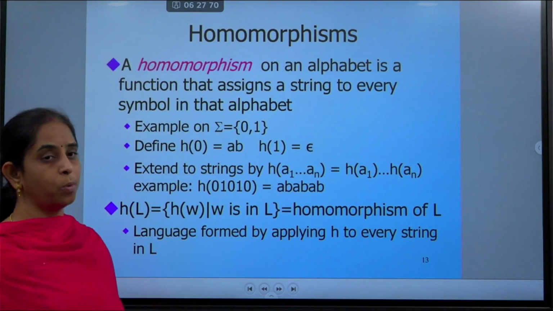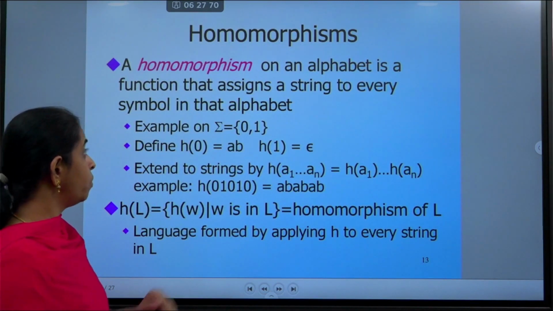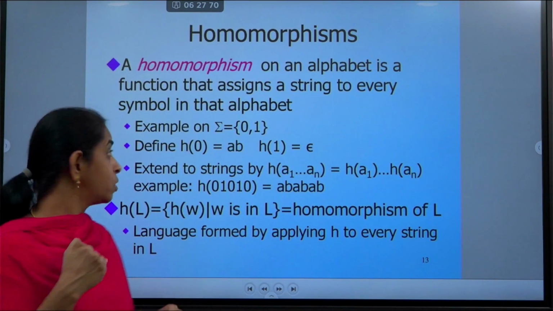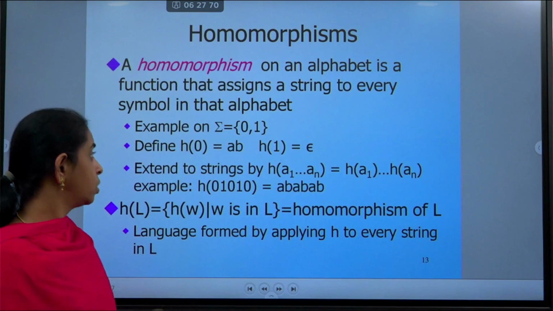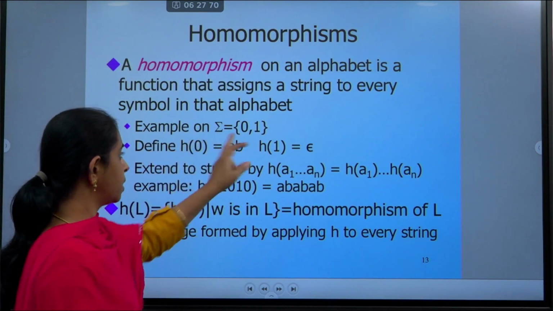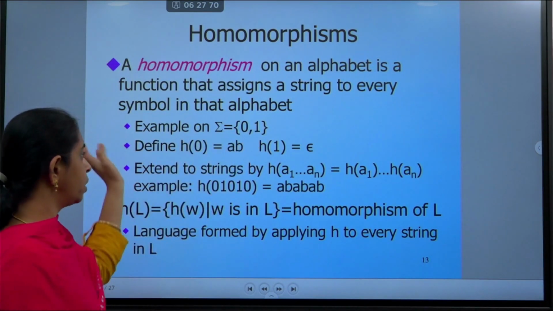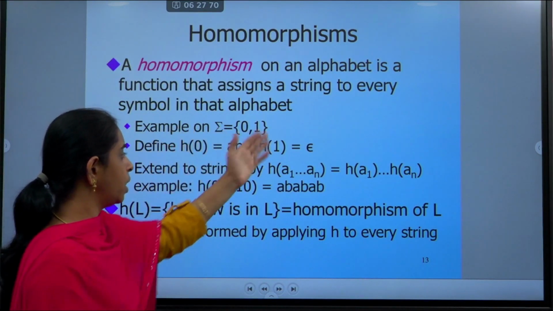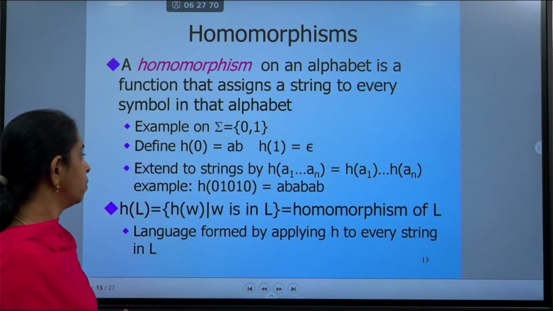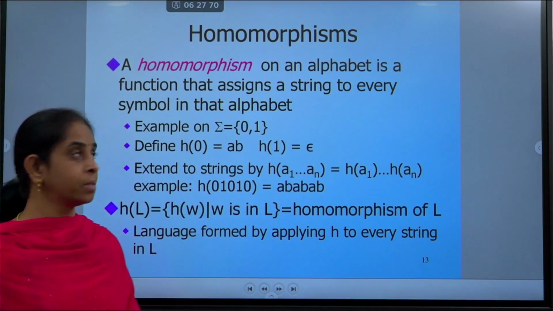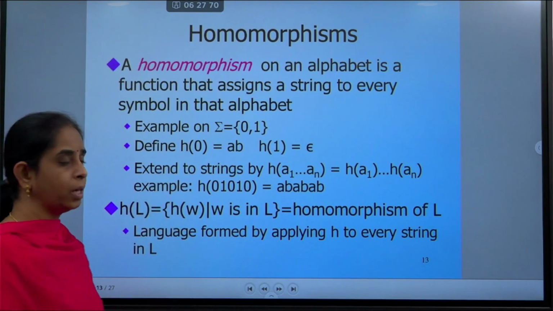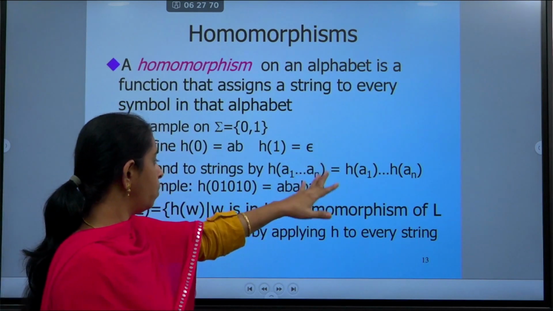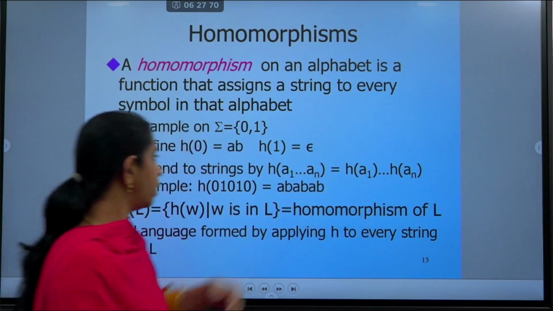Next we have the homomorphism. Whenever we take the alphabet, it is a function where we assign some string to every symbol. Example, we have 0, 1, and we can define h of 0, the homomorphism of 0, as A B, and h of 1 as epsilon. We extend this to strings based on the alphabet, h of A1 to h of AN.